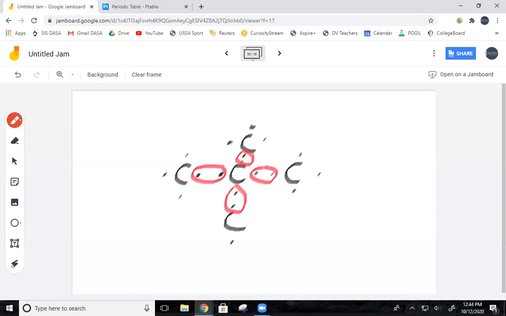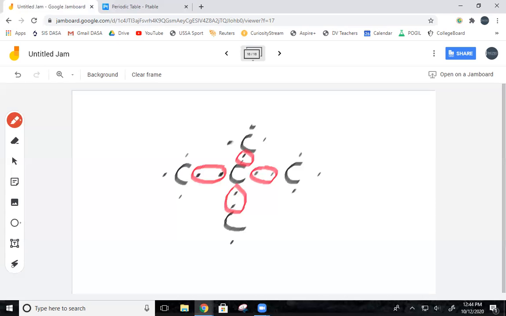Germanium, for example, has valence electrons of 4s2, 4p2, right? How would it look? Well, that one was just like carbon.